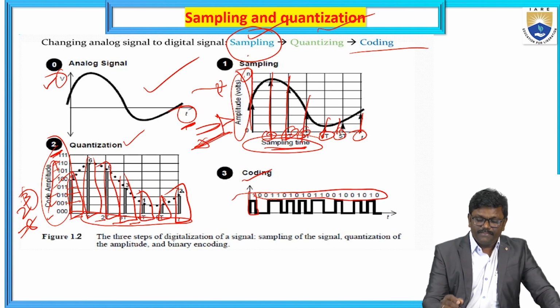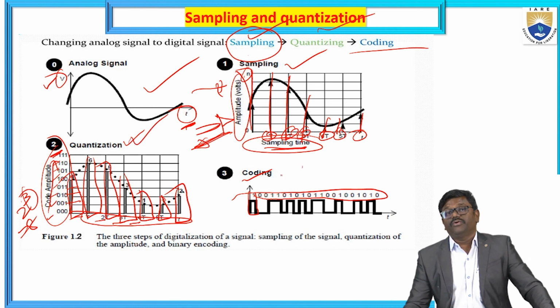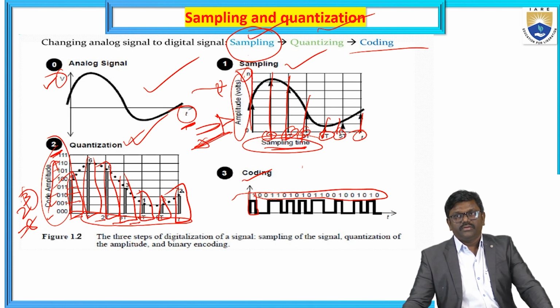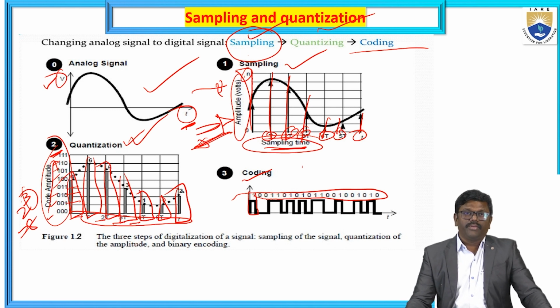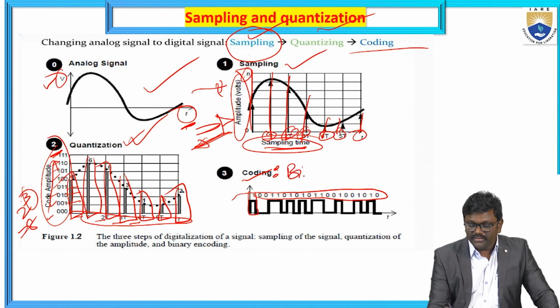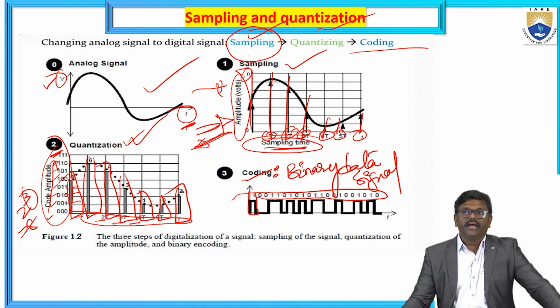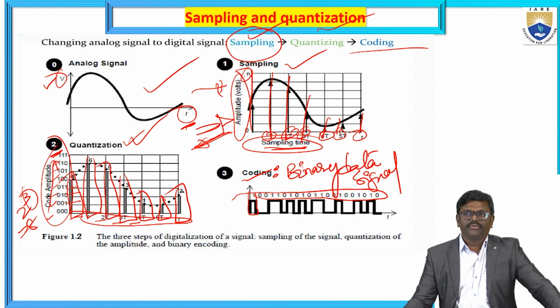So the first one is sampling, the second one is quantization, and then coding. Coding means instant changes of your clock pulses. This coding is nothing but your complete signal in terms of a binary data signal. That is called a coding signal.